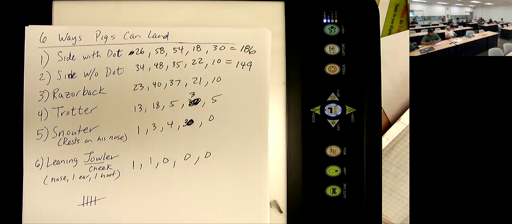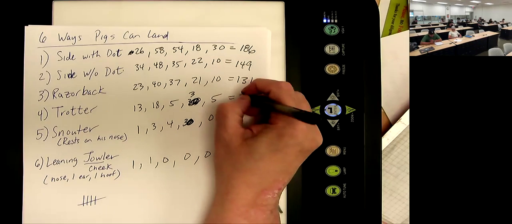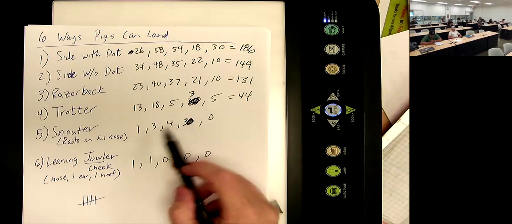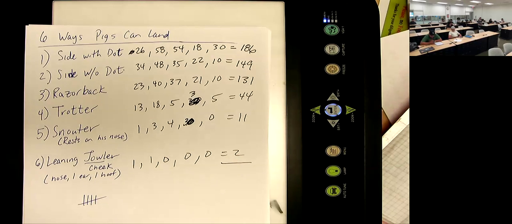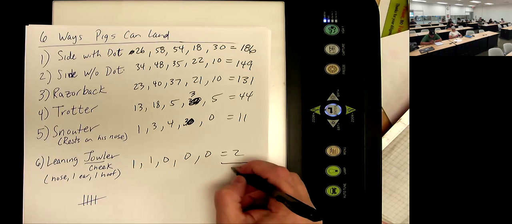Plus 23 plus 40 plus 37, 21 plus 10. Four. 3, 6, 10, 11, and 2. How many is that total? 123.